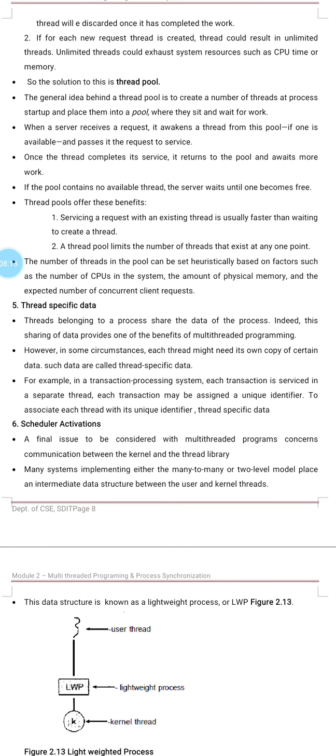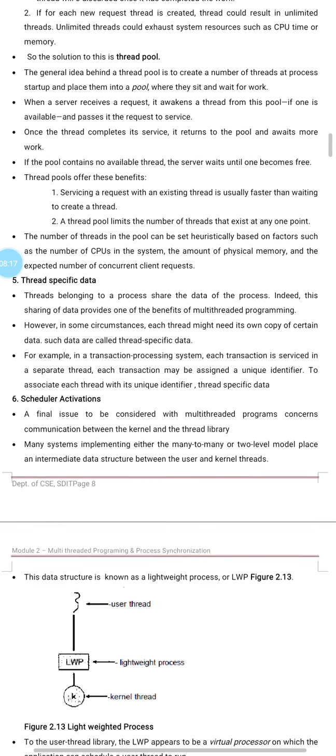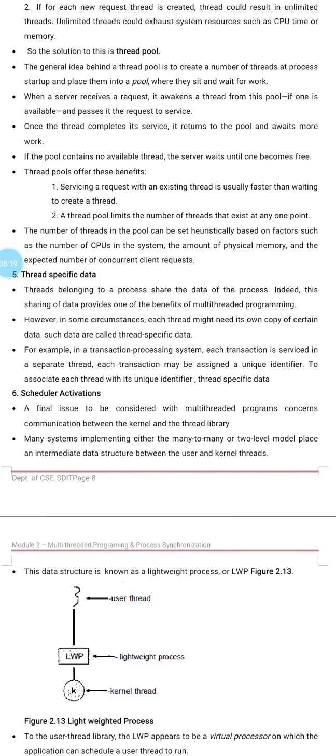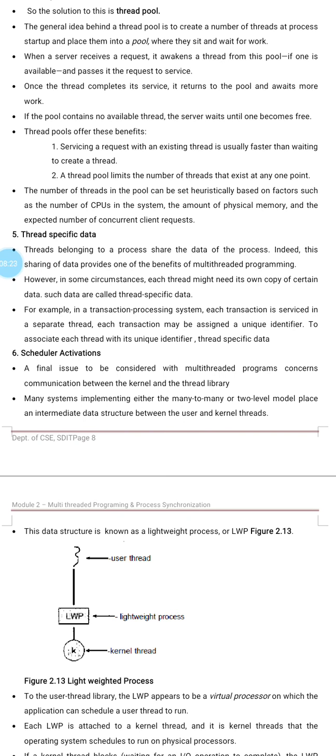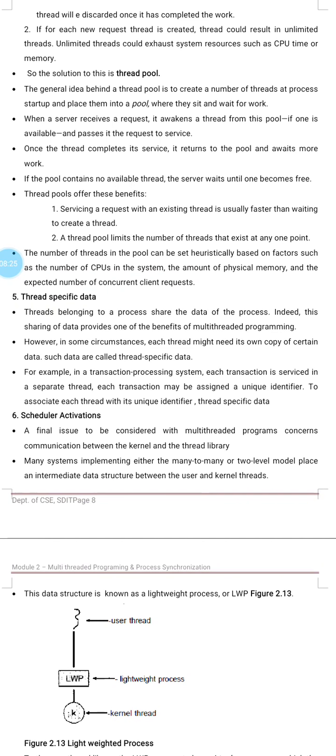Next one is thread specific data. Threads belonging to a process share the data of the process. This sharing of data provides one of the benefits of multi-threaded programming. When we talked about multi-threaded programs and their benefits, one of the benefits was sharing of data.